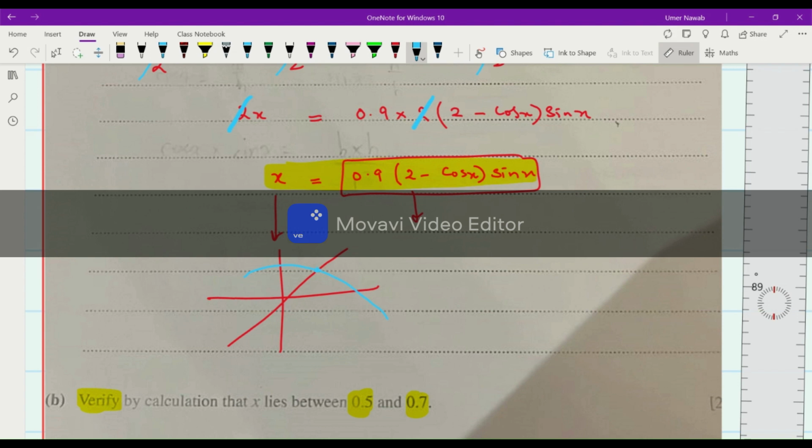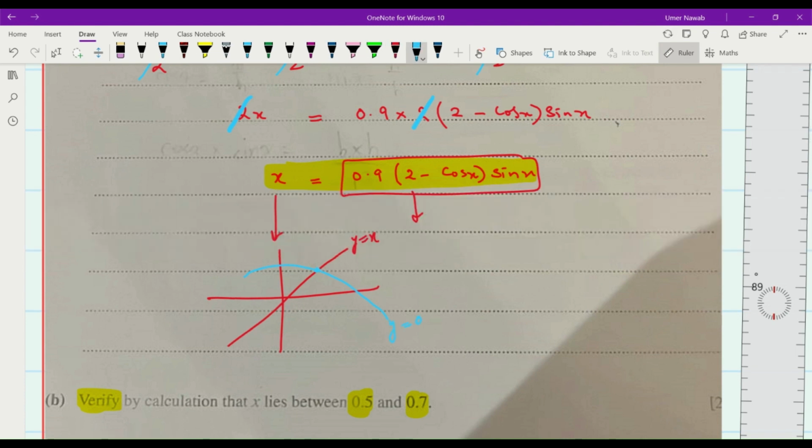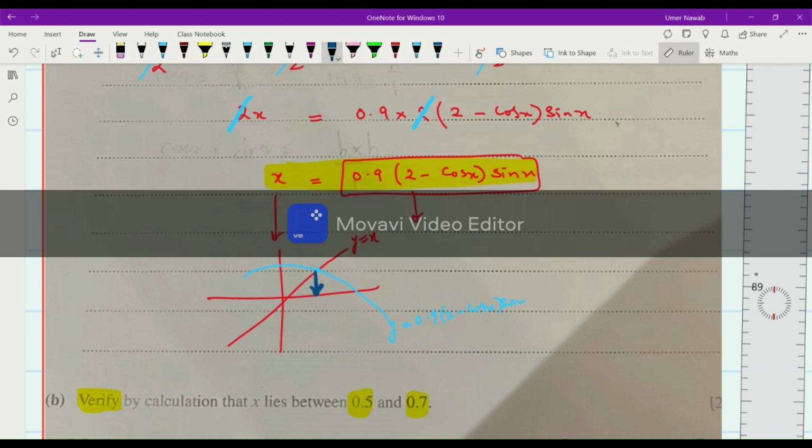You can see the intersection of y equals x and y equals 0.9 times 2 minus cosine of x, sine of x is happening at this point. This point, we want to make sure that it is between 0.5 and 0.7.